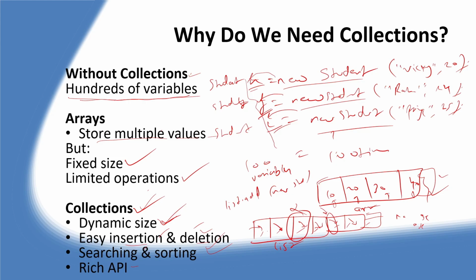Array can also store objects, but the problem is limited functionality. Collections overcome these limitations by offering dynamic resizing. How? Because of many built-in methods for managing these operations and data efficiently. Okay, collections.